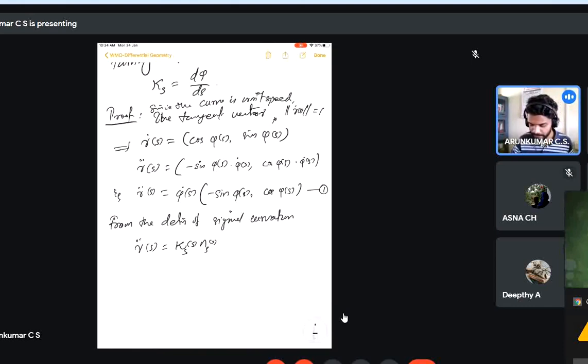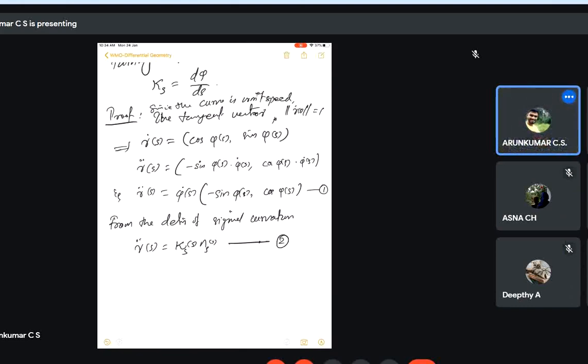So can you compare these two equations and conclude something? You can equate those two equations, right? Let us see. From 1 and 2, what can you say about this Ks of s?